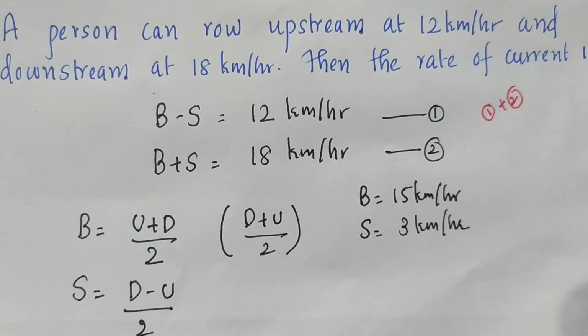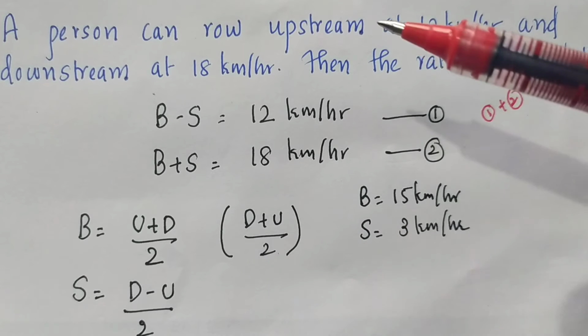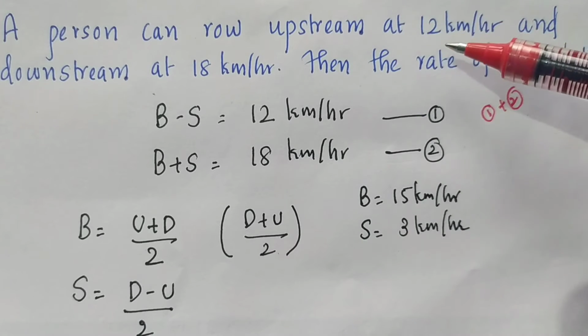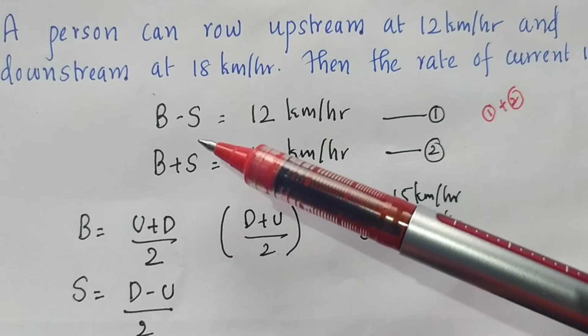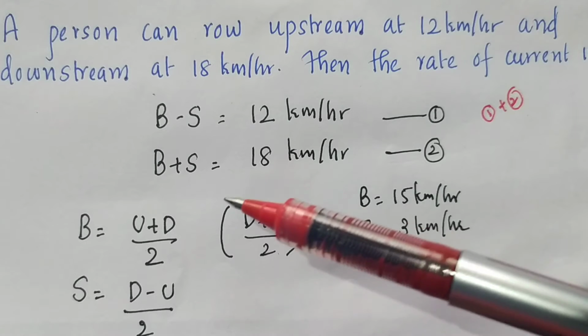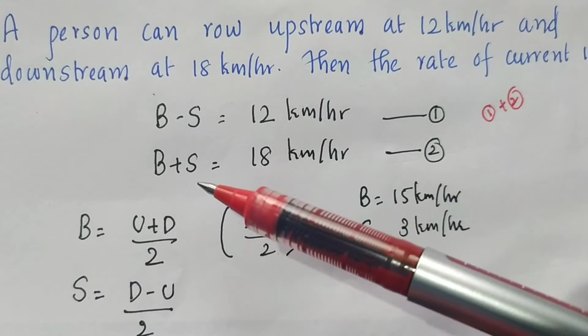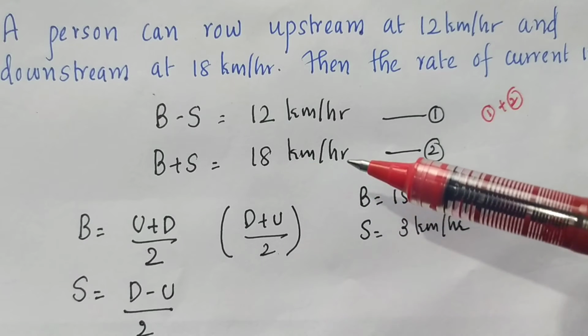So let us solve this question. We will get two important formulae from this question. So here the upstream speed is 12 km per hour. So what is upstream speed? Upstream speed is B minus S, which is equal to 12 km per hour. What is downstream speed? B plus S, which is equal to 18 km per hour.